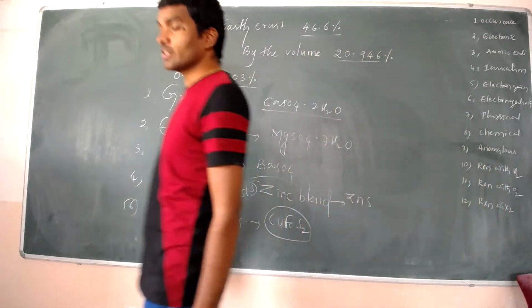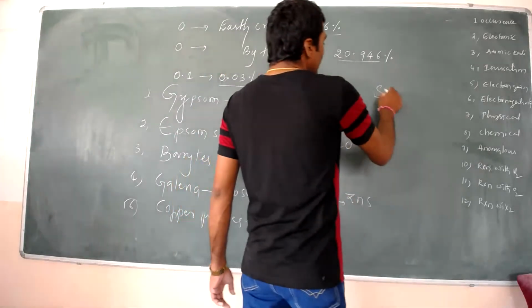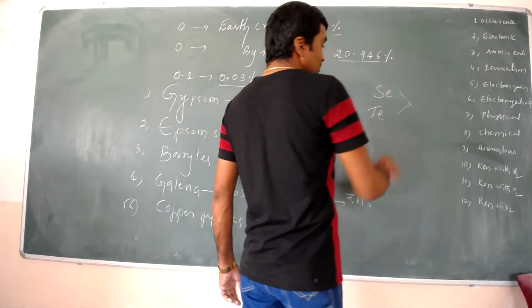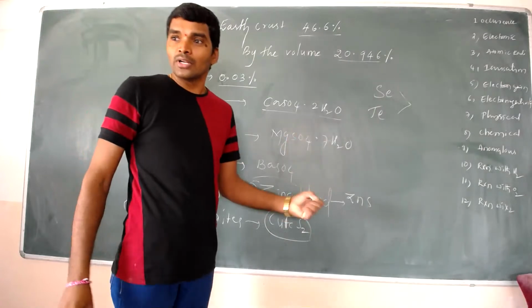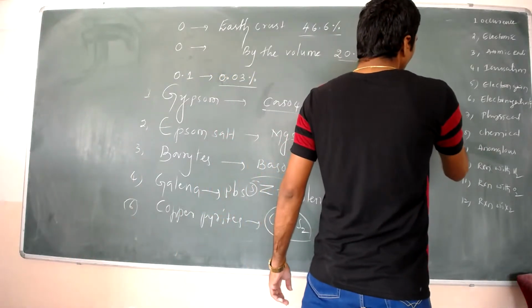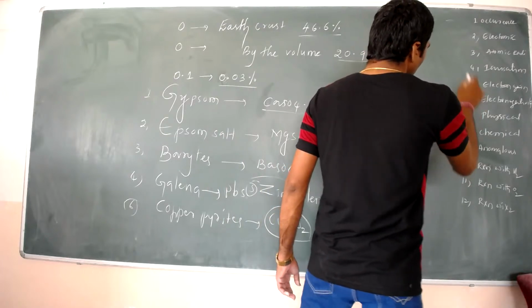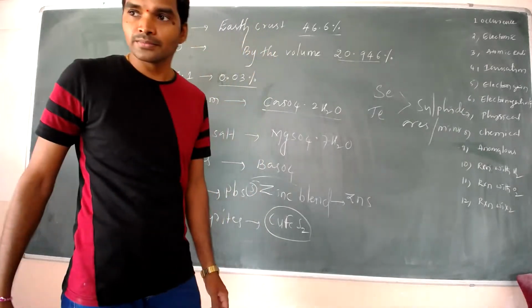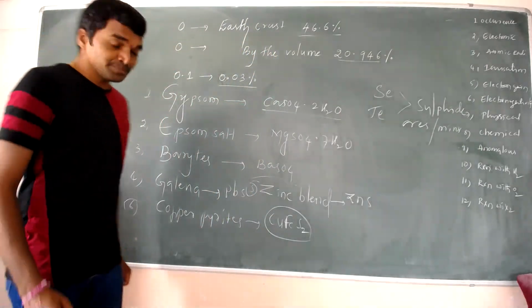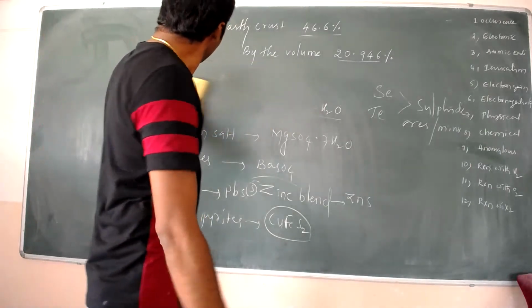Now we discuss selenium and tellurium. These elements are available in the form of sulfide ores or minerals.